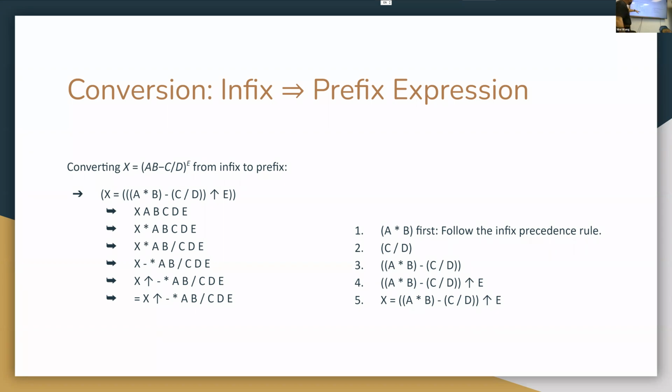And when we get to the end, you will see that it will happen first also. And then what we do next is C divided by D. So we take that division and put it right in front of C and D.